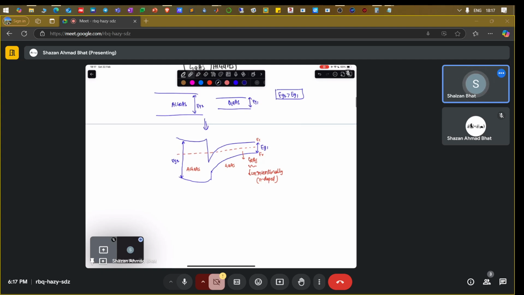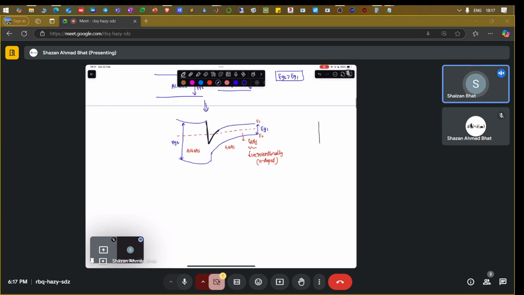Now there are certain phenomena that happen at this particular edge, where you can see the conduction band of the gallium arsenide has gone below the Fermi level. And you know that whenever the conduction band goes below the Fermi level, that indicates this particular region has a very high density of electrons.